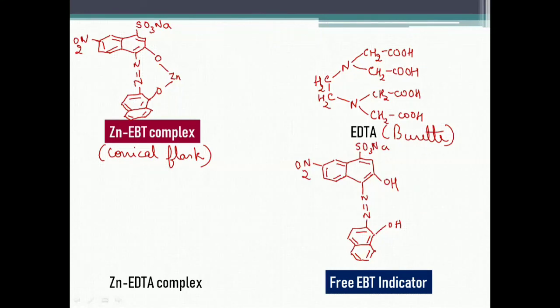So now what happens? The zinc EBT complex and EDTA are titrated against each other. As I've already told, as EDTA is added to the zinc EBT complex, the zinc will dissociate itself from the zinc EBT complex and form a complex with the EDTA.